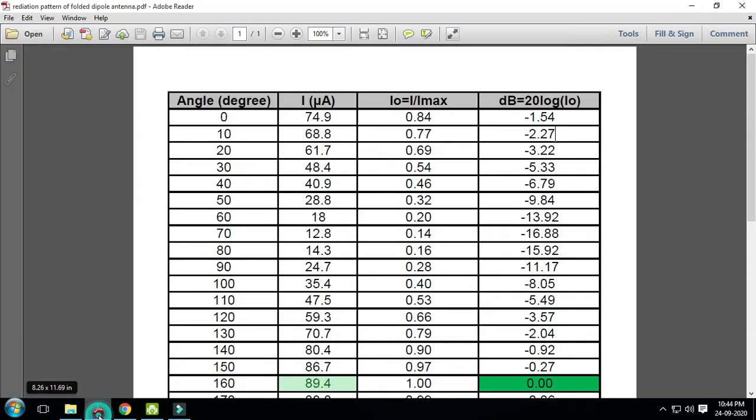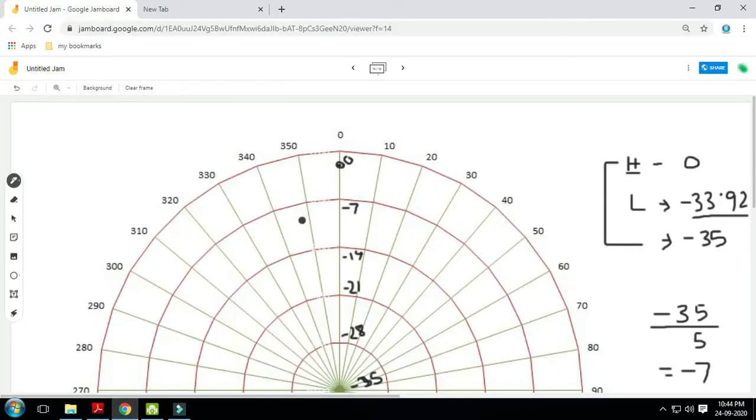Now at 10 degree the reading is minus 2.27. So minus 2.27 at 10 degree, as we know this is minus 3.5, say I don't write it. So this is the midpoint, this is minus 3.5.